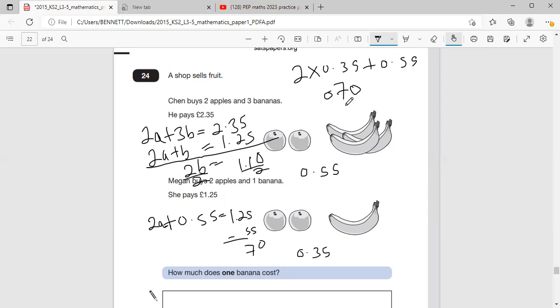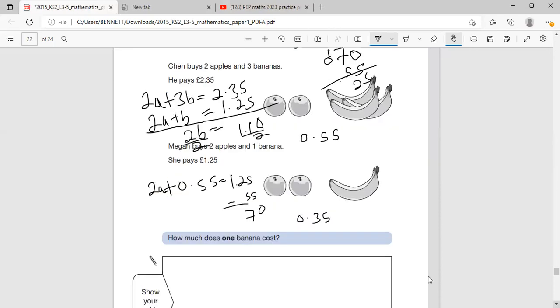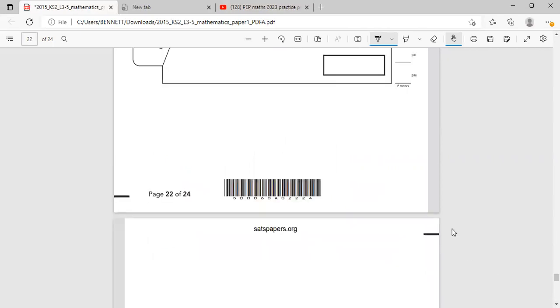I will add this to it. 5, 5 and 2. Yeah. So it is indeed correct, alright? So 1 banana costs 55 cents. Oh, they only ask for 1 banana. Right, I think we are at the end.